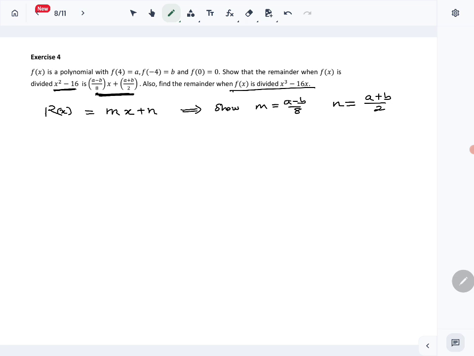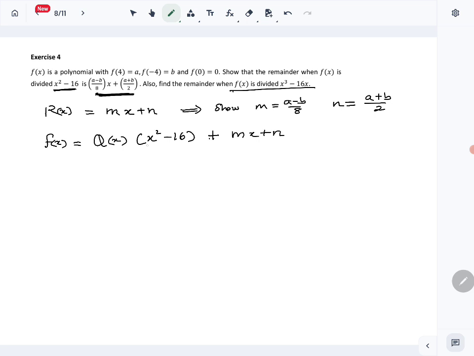So let's take the remainder as that, and now using the division algorithm we know f(x) is equal to the quotient times x squared minus 16, plus the remainder mx plus n, right?